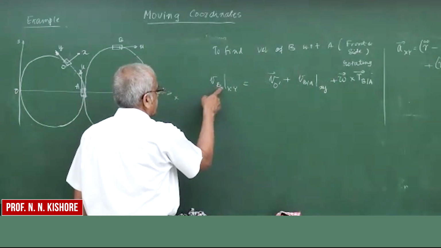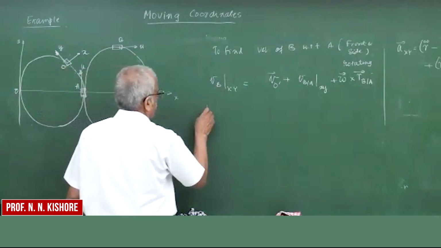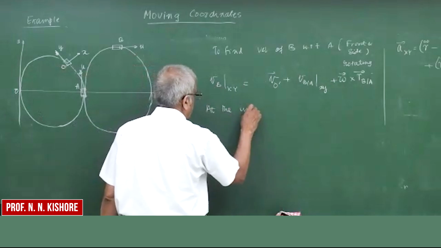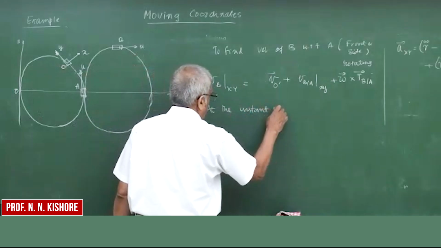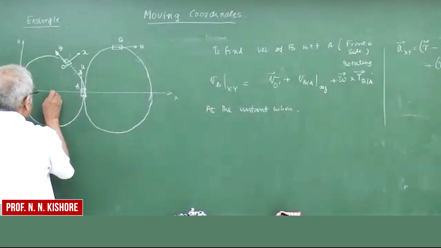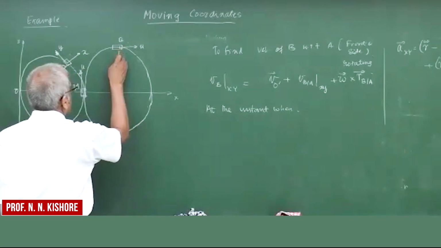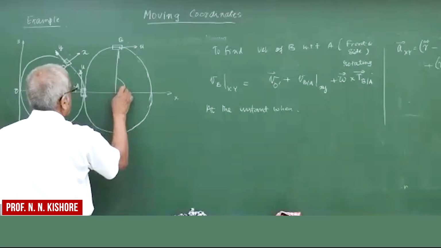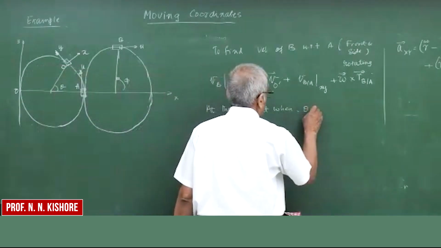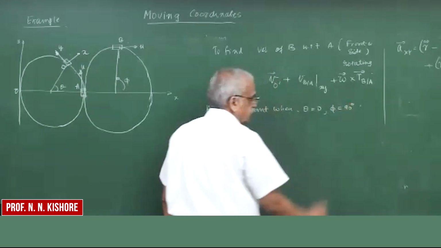In this, I'll just give you a quick relationship. We can put VB at this instant, at the instant when theta is equal to 0 and phi is 90 degrees.